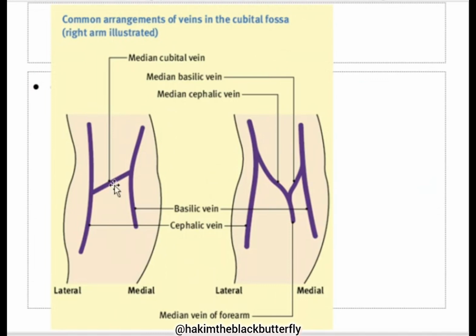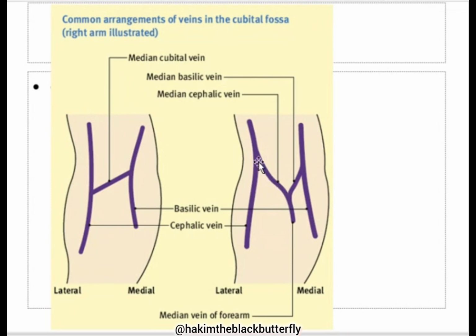Some individuals have a cephalic vein on the lateral aspect and a basilic vein on the medial aspect as usual, and they are joined by one oblique median cubital vein. Whereas other individuals have a cephalic vein on the lateral side and the basilic vein on the medial side as usual, but they have a different format of the median cubital vein.